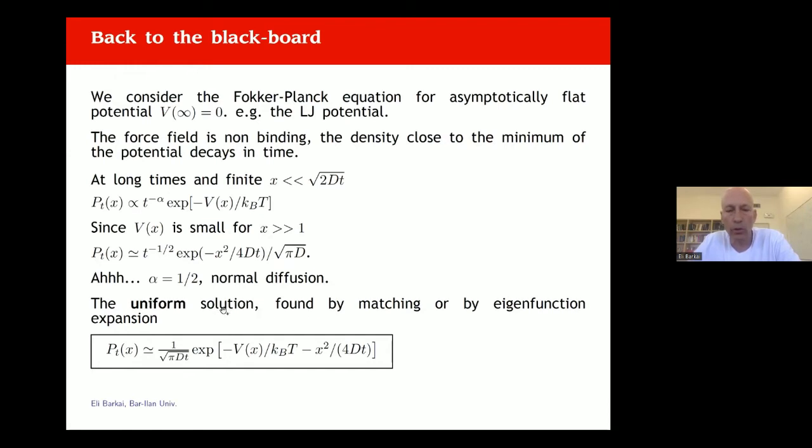So the uniform solution given by this expression is very simple. You have diffusion describing essentially large distances, and you have the Boltzmann factor describing the short distances. And here you have something which is normalization, but this is the normalization due to the diffusion, which is just increasing like square root of time t. Now, this was extremely short. We could prove this in generality using an eigenfunction expansion of the Fokker-Planck equation, something that I do not do here.